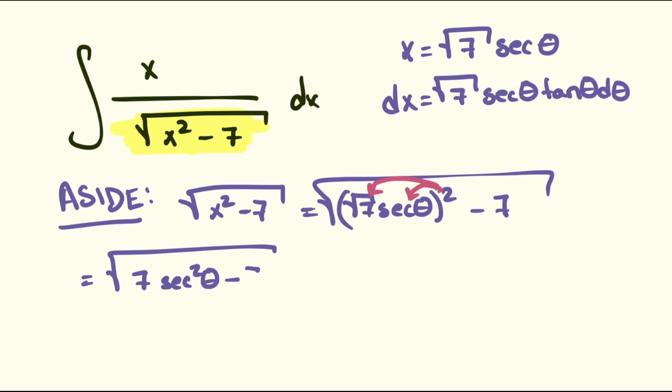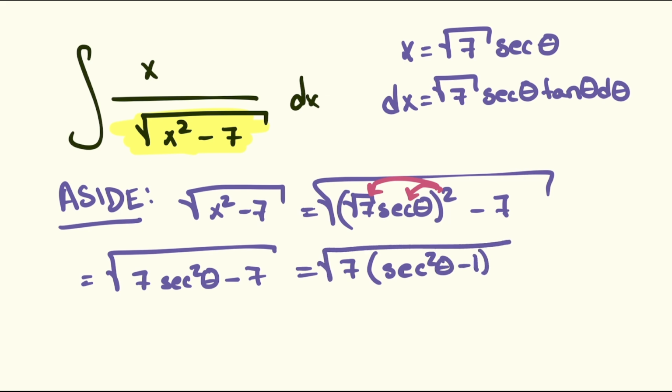Secant squared minus 7. And normally what is going to happen is you'll see there's a 7 in both parts here, and so we're just going to rip that 7 all the way out. There we go. Now we have 7 times secant squared minus 1.